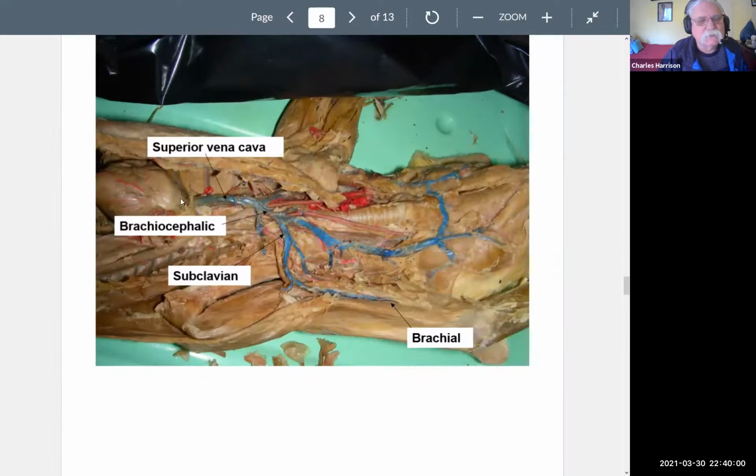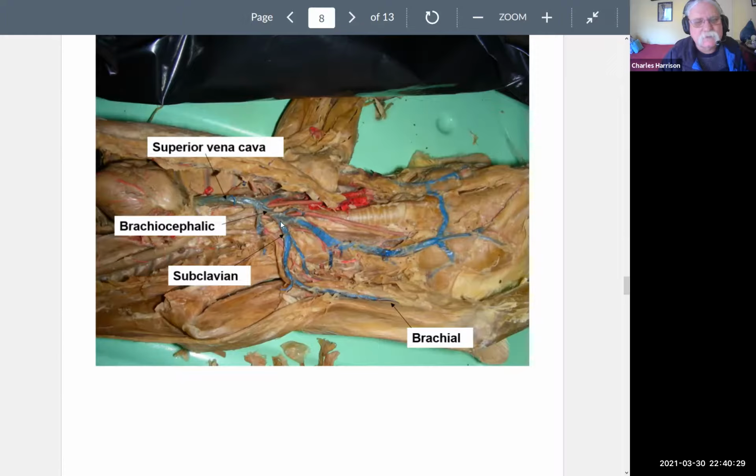Okay. Heart again. This is brachiocephalic. That's brachiocephalic. This is the external jugular, maxillary, the linguofacial, the transverse jugular.